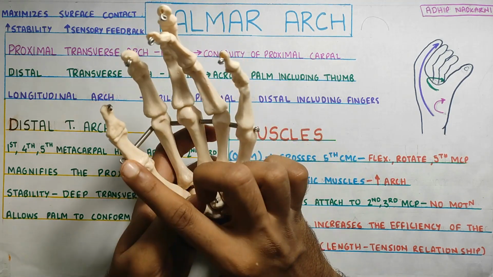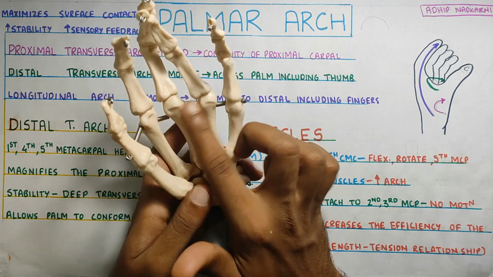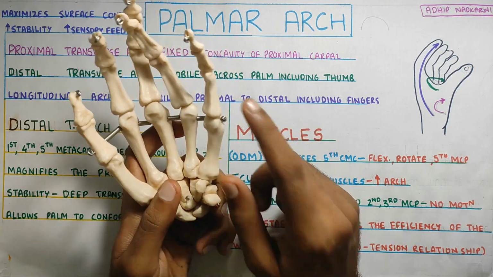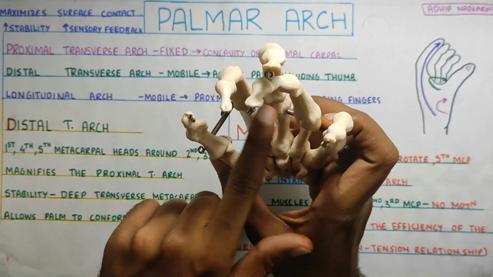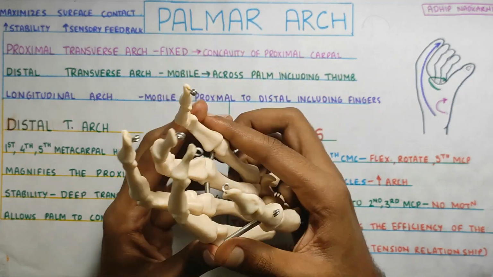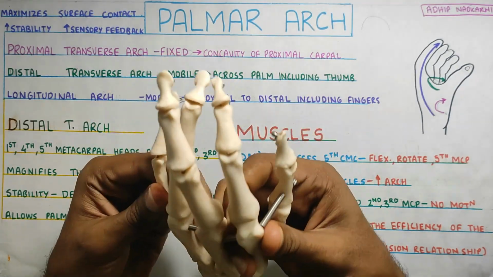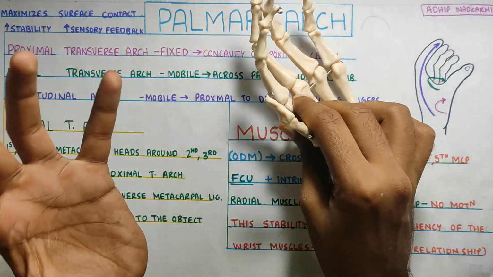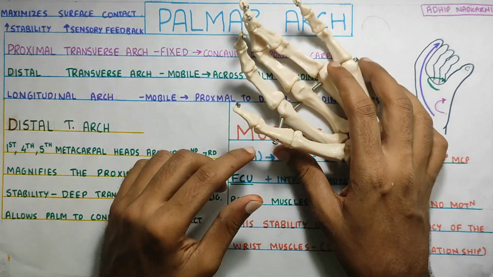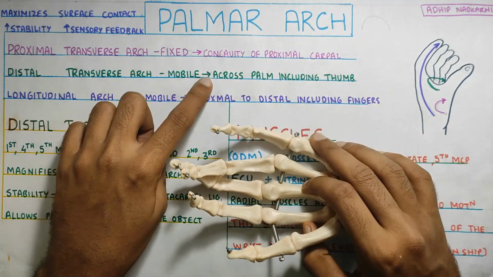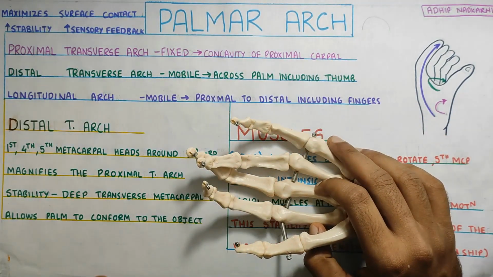This exact spring that you can see, right, that is your distal transverse arch. And this is a mobile arch because you can see this arch from the top, right, this whole arch can move. So that's why it's a mobile arch, and it crosses the palm including your thumb.